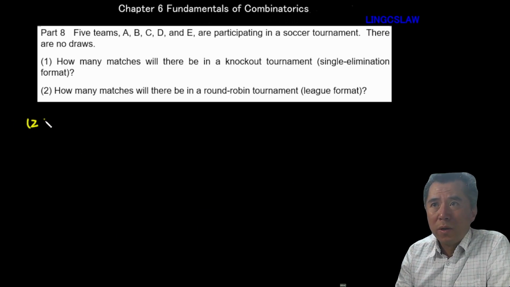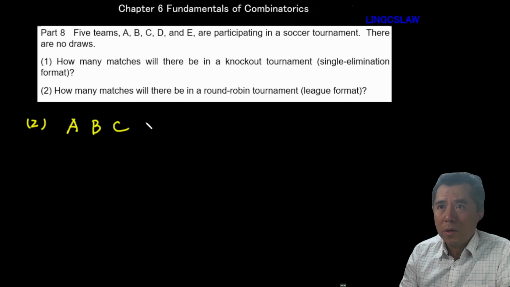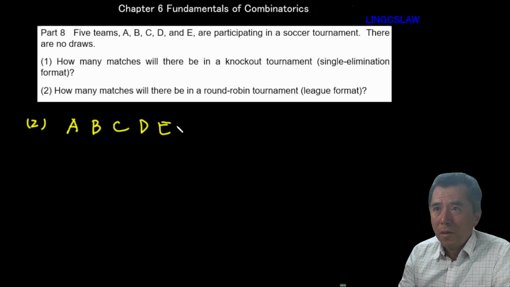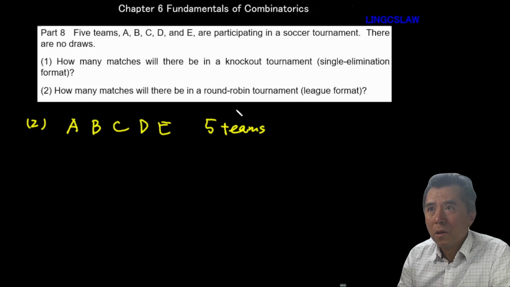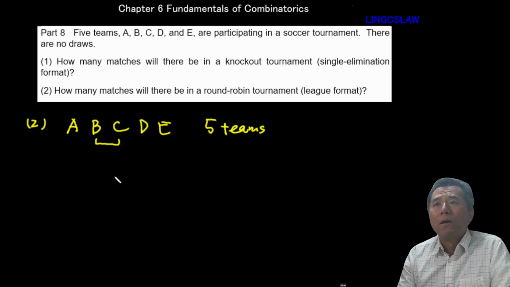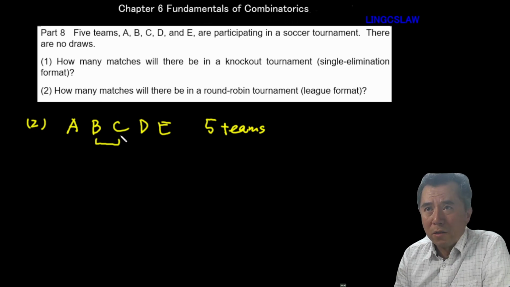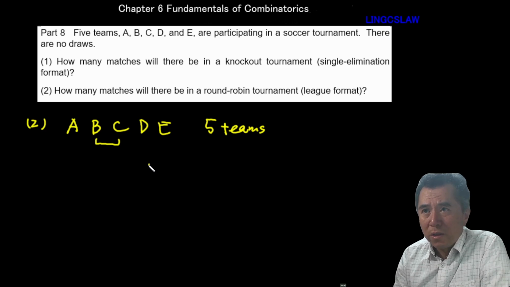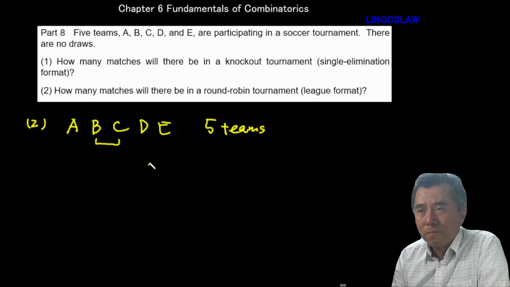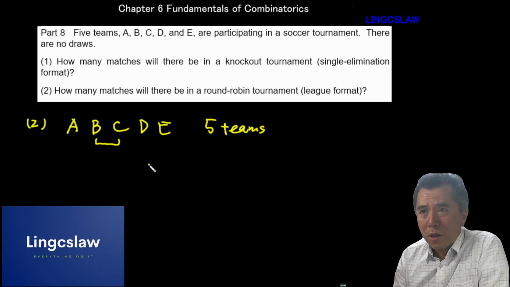Okay, number 2. How many matches will there be in a round-robin tournament? A, B, C, D, E. There are 5 players, 5 teams, and you can choose two teams, and the number of matches is the same as the ways of choosing two teams, combination.